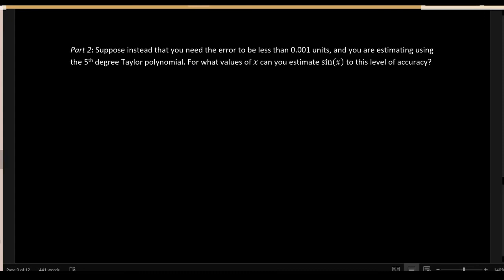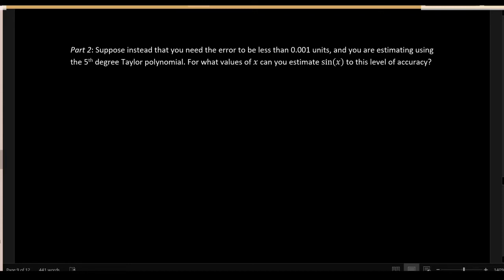Suppose instead, part number 2, we're still working with the center of 0. We're still working with sine of x, but this time we have a specific error that we need to achieve. We need the error to be less than 0.001 units. We're also estimating with the 5th degree Taylor polynomial.